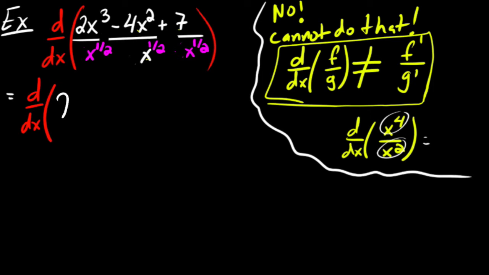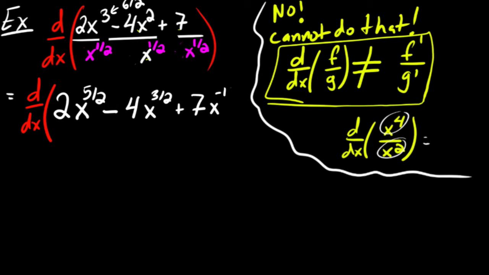Well, you subtract the exponents, so you would get 2x to the 6/2 minus 1/2, which is 5/2, minus 4x to the 2 minus 1/2, which is 3/2, and then plus 7. This x to the 1/2, you bring it up, and this is x to the negative 1/2. Okay. And then you can bust out with your rules. You have your hammer rule, bam, bam, bam.